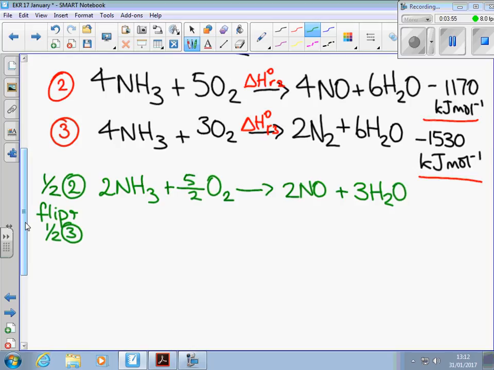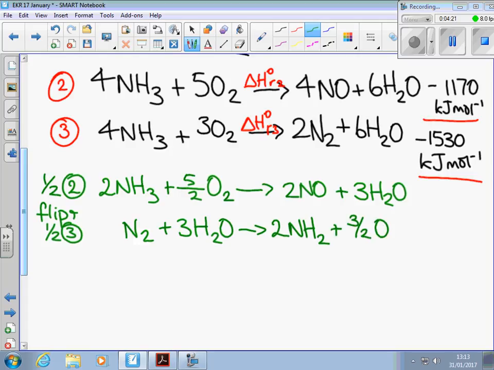If we flip that, we get the nitrogen and the water on the left, and if we halve it, we get 1 nitrogen and 3 waters. And we end up with our ammonia, our NH3 and our oxygen on the right, and if we halve that, we get 2 NH3s and 3 over 2 oxygens.